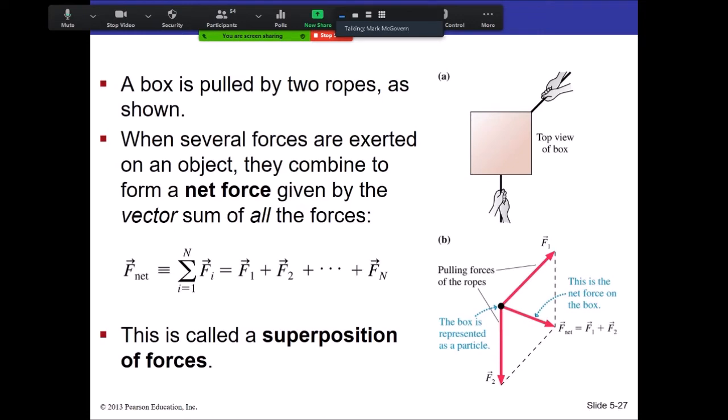Now, here's a really cool aspect of forces, is that they obey something called superposition. Superposition is a very important concept in physics, and this is not just for forces, by the way, this can be for a lot of things.